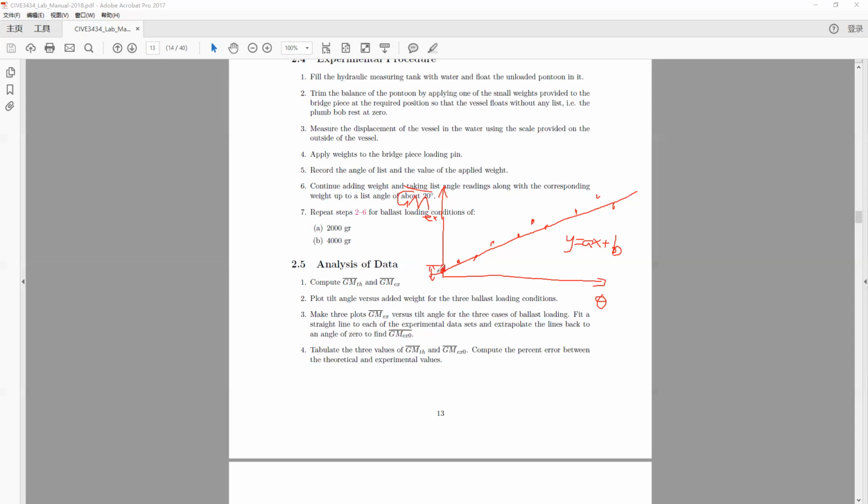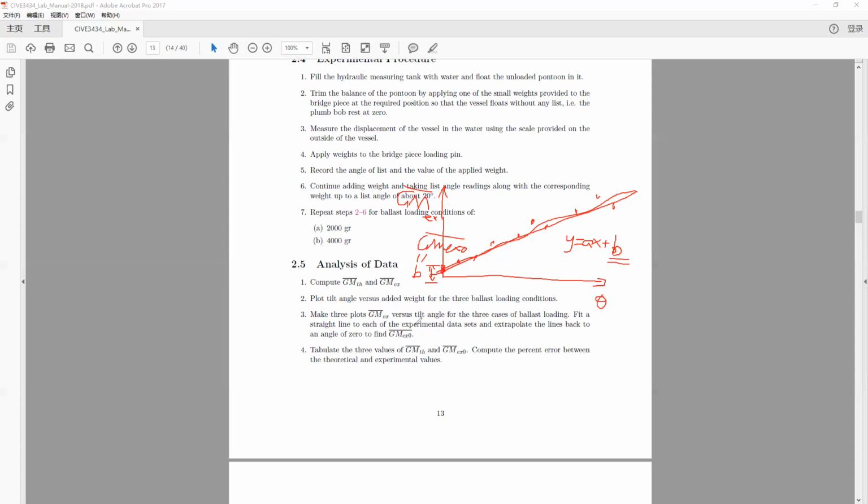If your line has an intercept with the y-axis, the intercept will be the b value here. And the b value is actually the GM experimental 0 we're looking for. So once you have the equation, you just get the b and use this b as your GM experimental 0.